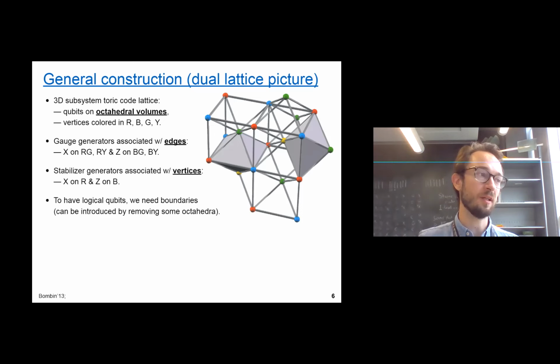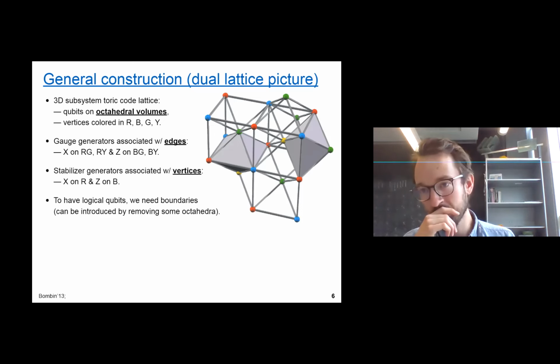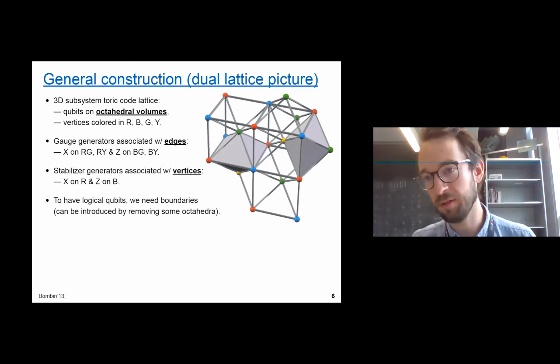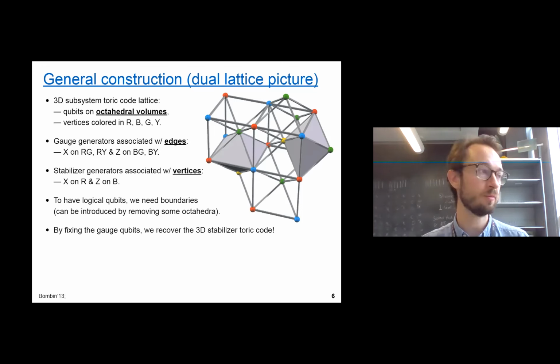And as I said, you need boundaries. So you can consider a tessellation of a closed manifold, and then you can remove one of the octahedra to create some boundaries. And we show that this is another way of constructing what we have.